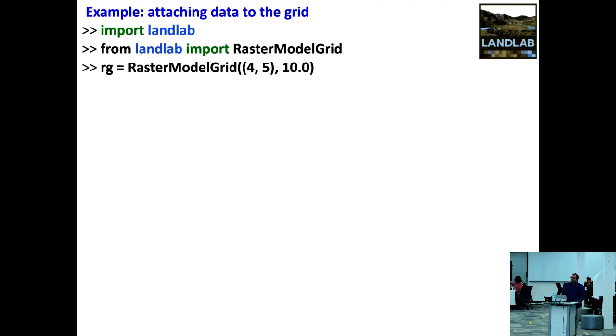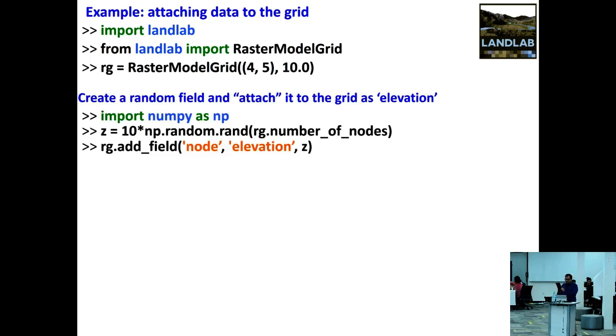Once you create the grid, you can store data on it. We'll look at that now. We use something called fields. A field is nothing but a NumPy array that is either a scalar or as long as the data structure that you want to attach it to. For example, when I create rg.add_field node elevation z, I'm creating a nodal field, and I'm calling it elevation, and z is the input value.